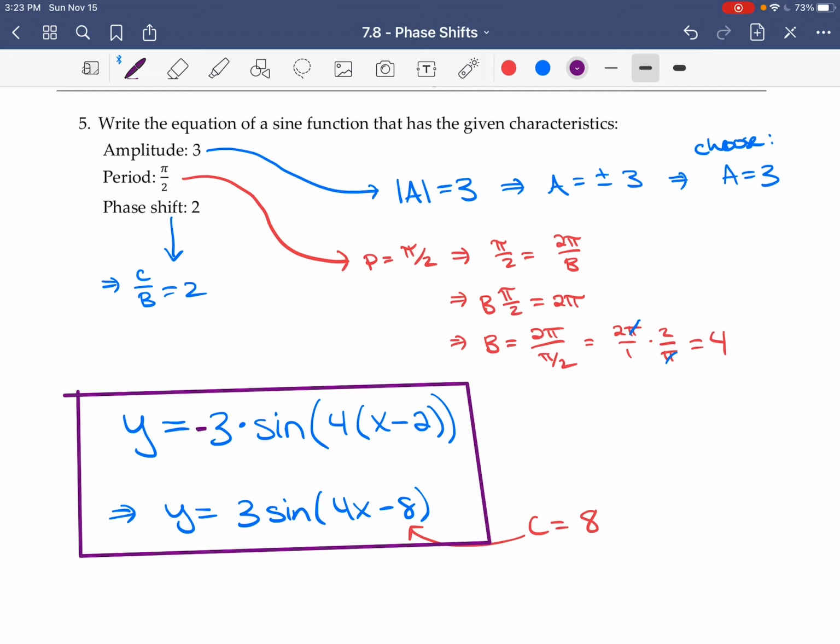You could have had a negative there if you wanted, but everything else is determined. So that's how you can put it together to make an equation. I knew it was sine because it told me it was a sine function. But then you can use all of these to figure out what your A, B, C, and D are.